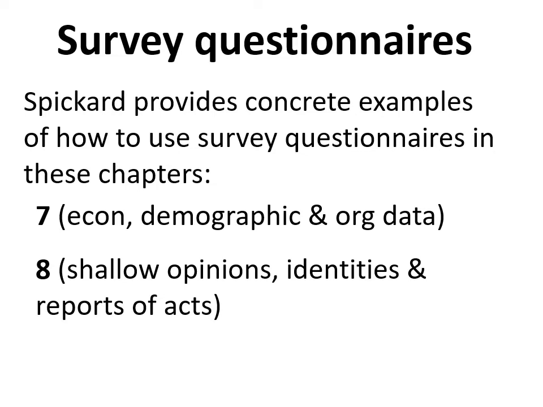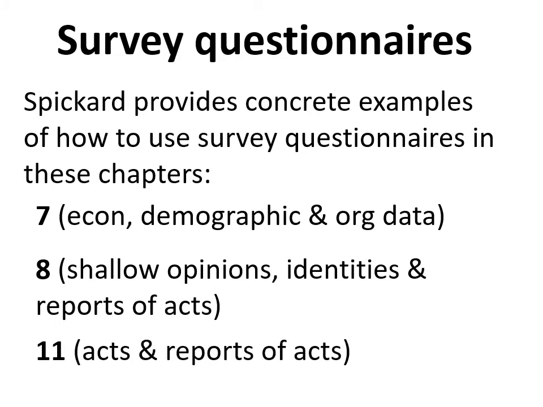In the 8th chapter, he talks about using surveys as one way to collect data on shallow opinions, as well as data on identities, and also reports of acts, behaviors, and events, I believe is how that ends. And then again in chapter 11, he talks about using survey questionnaires as one way to collect data on acts, behaviors, and events, and reports of acts, behaviors, and events.